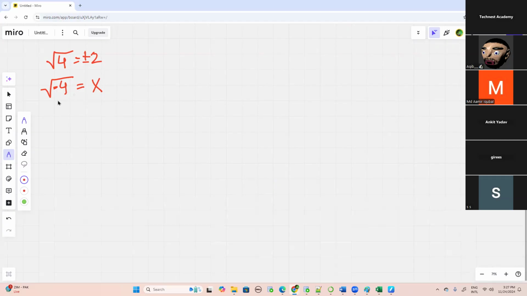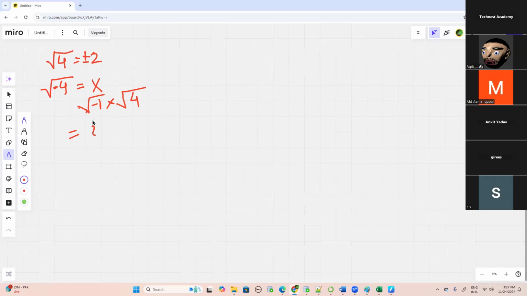Okay. Now, to solve this, what the mathematicians have done is, they write -4 in this manner: -1 into 4. Now, root of -1, they imagine and represent as i.